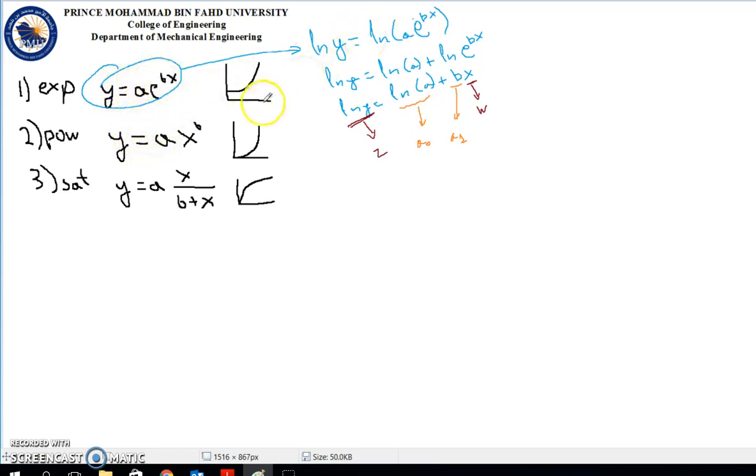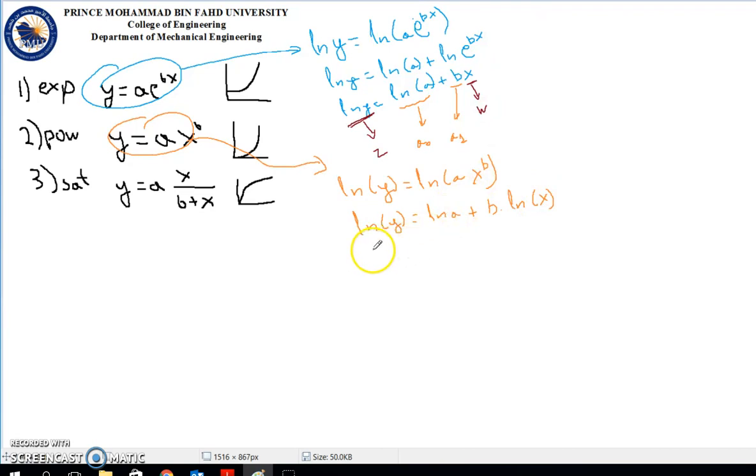Now, a power model would work pretty much in a similar way. We put logarithms on both sides, ln y equals ln a x^b, and then this can be written as ln y equals ln a plus b times ln x.